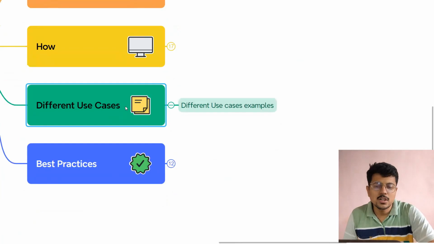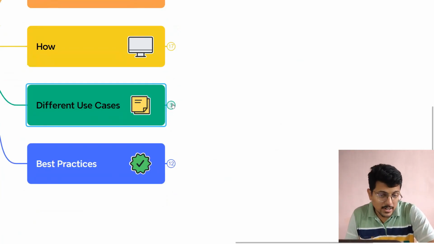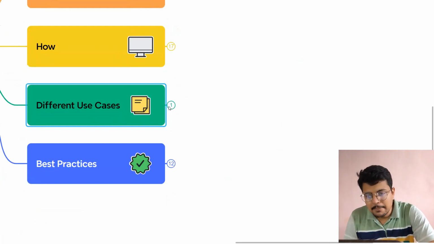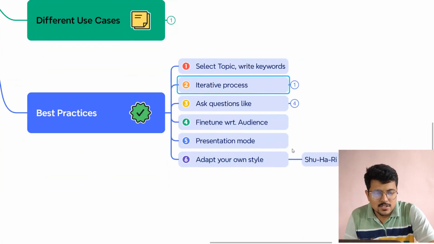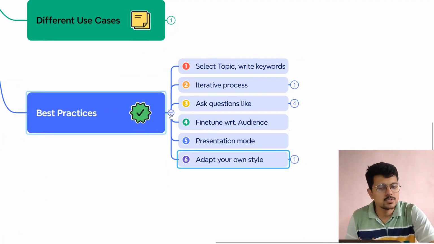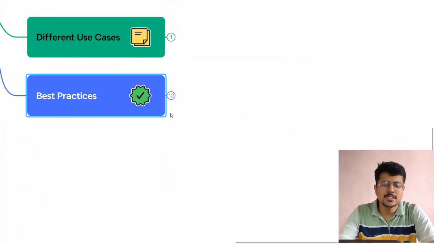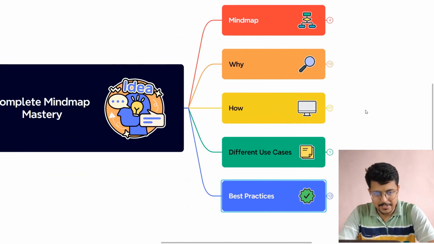Then I'll also share different use cases with examples and how to find use cases as well, and the best practices. These are some of my suggestions for best practices on how to use mind map software. I'll discuss them in our next series as we delve deeper into the topic.